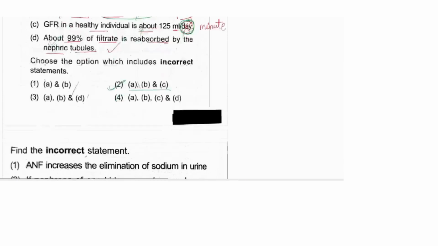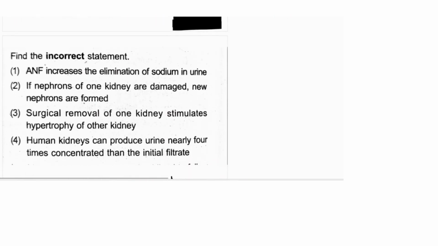Now question number 19. Find out the incorrect statement. ANF will cause the elimination of sodium into the urine. ANF is atrial natriuretic factor. It is released from the right atrium, and it gives the signal for low blood pressure.